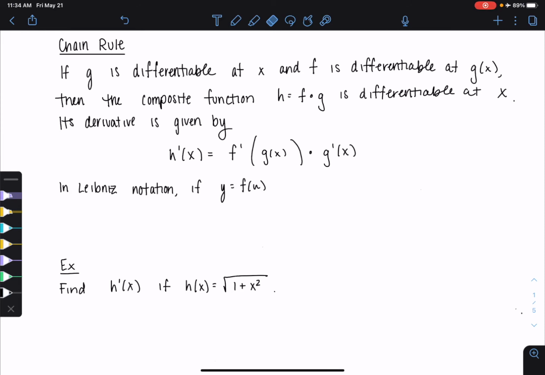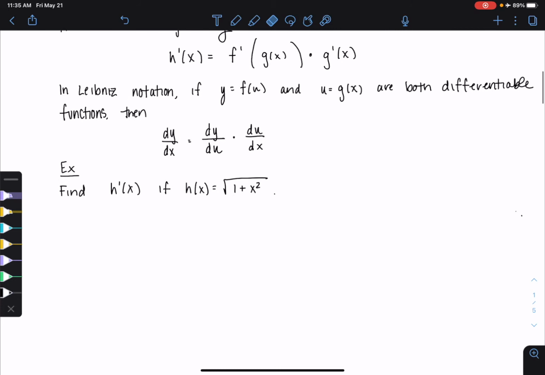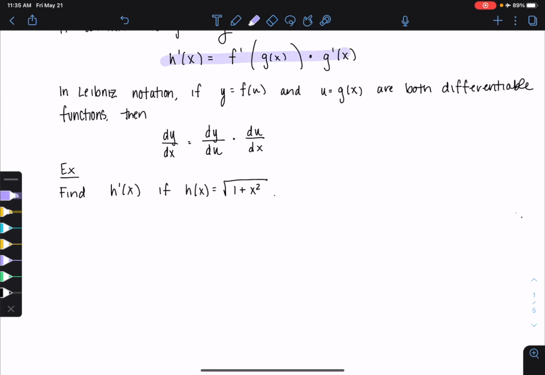In terms of the Leibniz notation, if y is a function of u, which is then a function of x, and they're both differentiable, then if I want to take the derivative of y with respect to x, I go through my first variable, and then I go through that second. Okay. So I'm going to do one example with this process, and you might have some tutor structured questions in your homework about this.